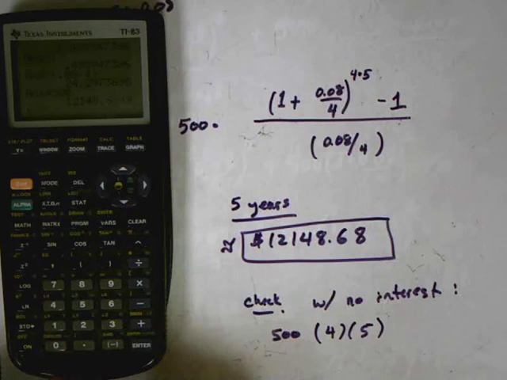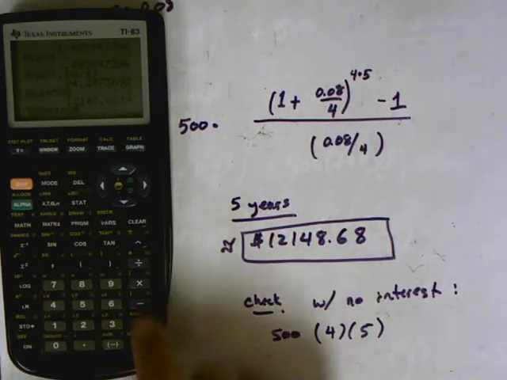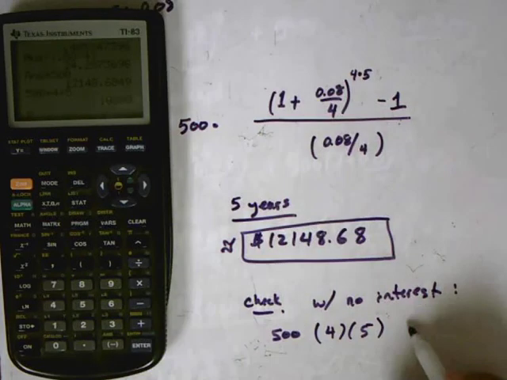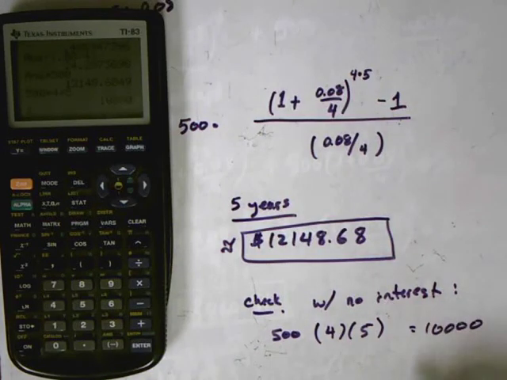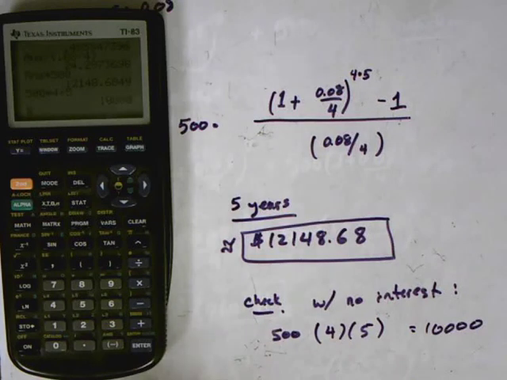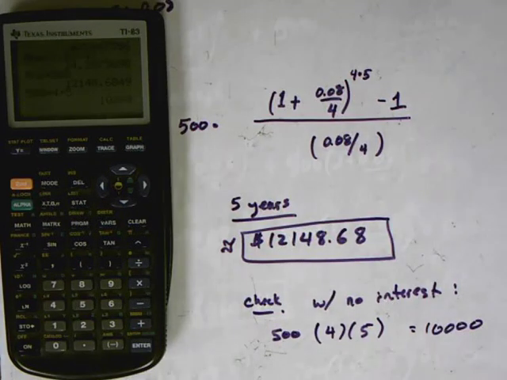Let's check that makes sense. So 500 times 4 times 5, he would have $10,000. This is with interest. He has $12,148.68. So clearly, this at least makes sense. He's earning a little bit more here than he would have with no interest at all.